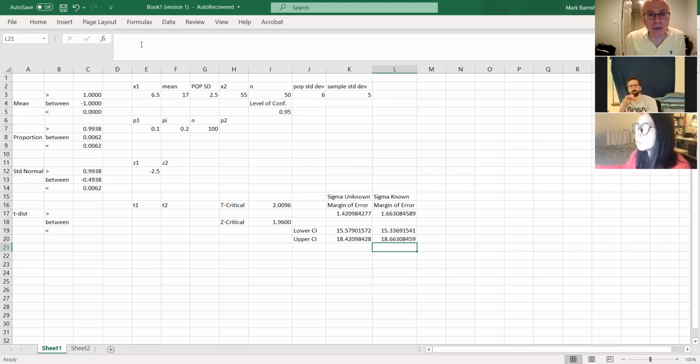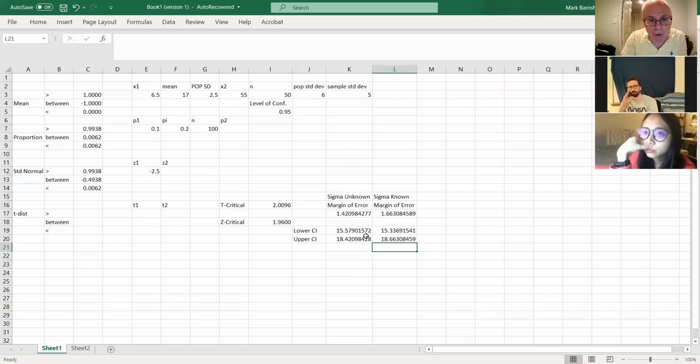Now in this case, there's symmetry around the mean, right? The distance from the lower end of the confidence interval to the mean is the same distance from the mean to the upper end of the interval. And what is that distance? The margin of error. That's why the distance from the lower endpoint to the upper endpoint is twice the margin of error.